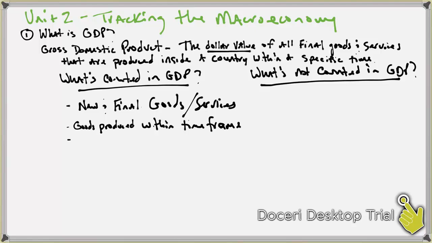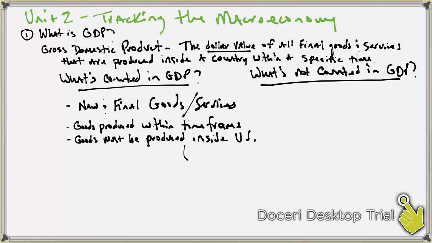Another thing that would make it so a good would be counted in the GDP is it has to be produced inside a specific country. So if we're counting the U.S. GDP, it has to be produced inside the U.S. So we'll say goods must be produced inside the U.S. And it's important for us to know that they can be exported.